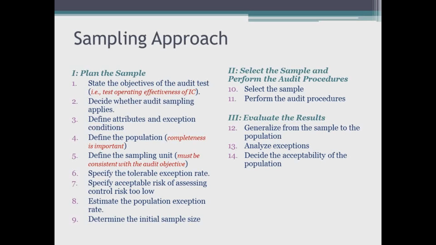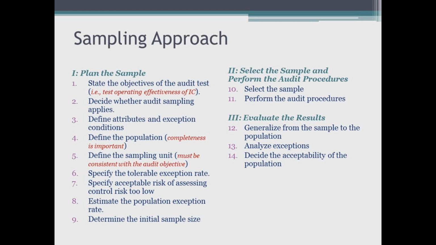You've defined your population, you've set your tolerable exception rate, your acceptable risk, and your estimate of the exception rate, and you're going to select 25, let's say if it was column number 5. You're going to select 25 duplicate sales invoices, and you're going to test that.